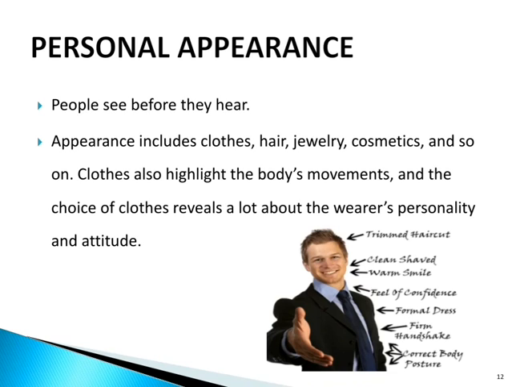It involves clothes, hair, jewelry, cosmetics, and accessories like briefcase, tie, footwear, and so on. For example, a boy wearing an earring, heavy chains, and torn jeans will create a bad impression among people. This is because his appearance communicates to people and tells everything about him.